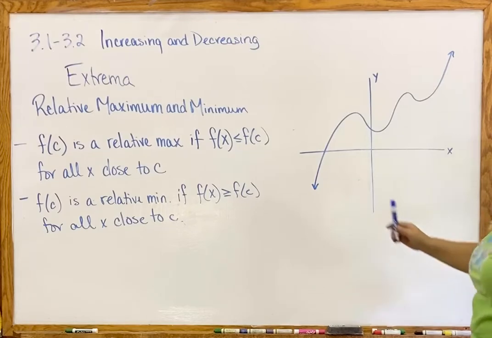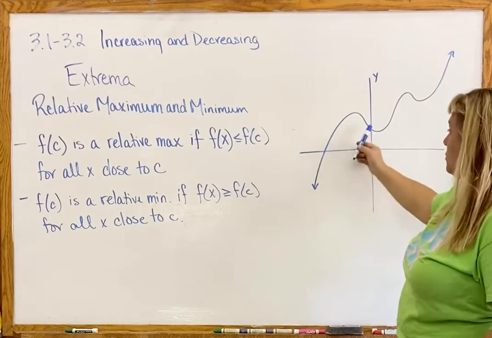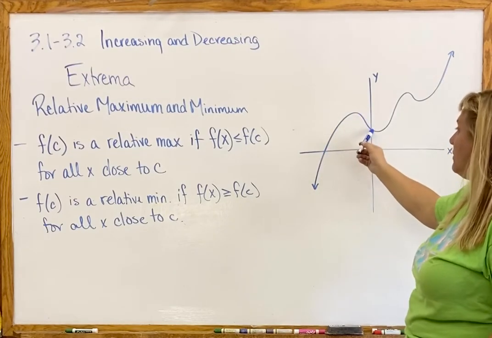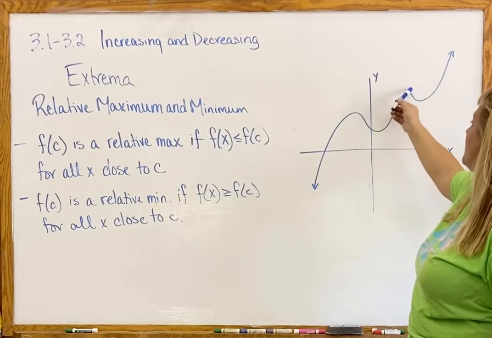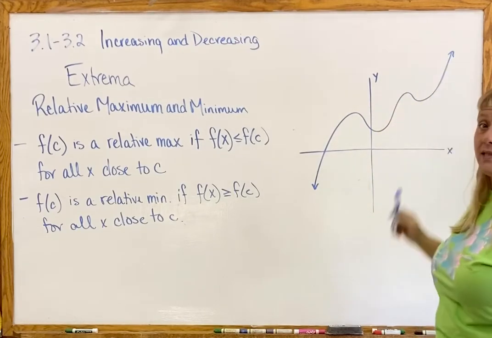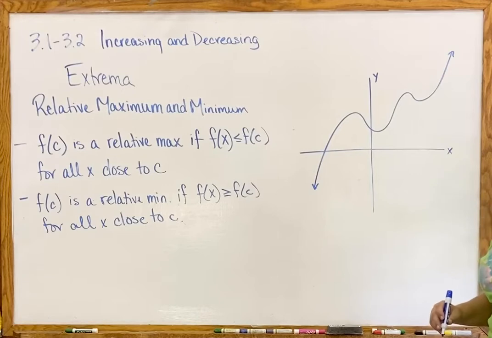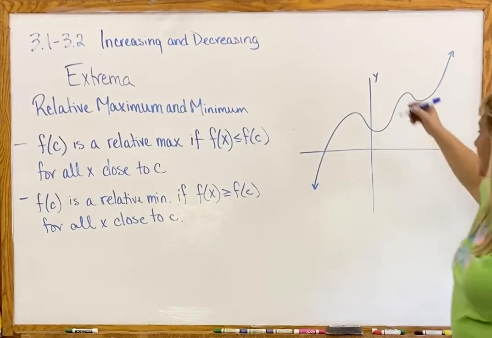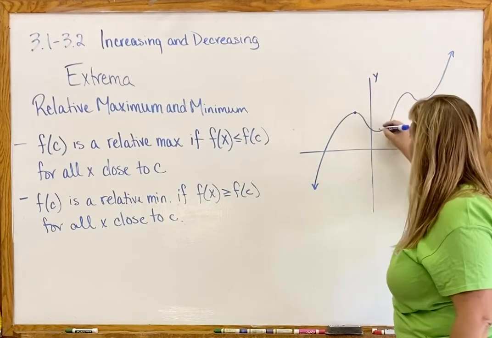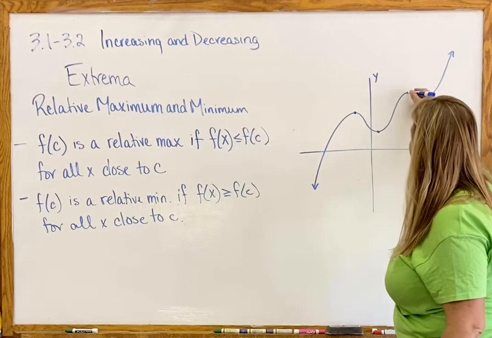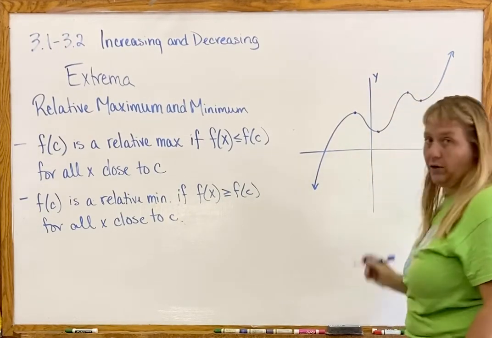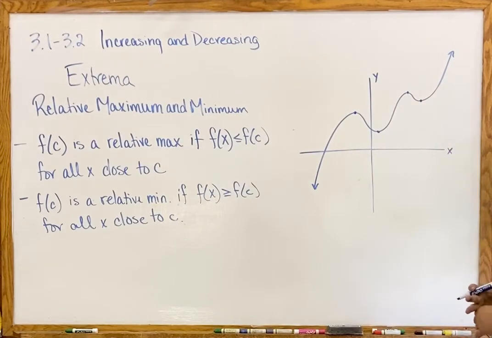Do you see that as we're going from left to right, we start increasing, then we have a little bit of decreasing, then increasing, then a little bit of decreasing, and then increasing again. So there's lots of changes here between increasing and decreasing. And every time we make one of those changes, we have that critical value. So in this one, there are 4 critical values going on.